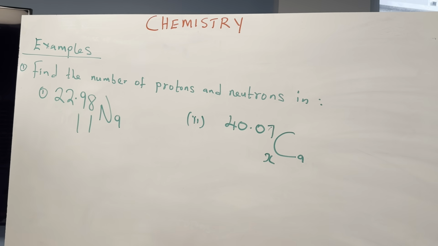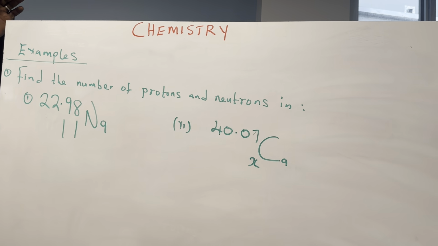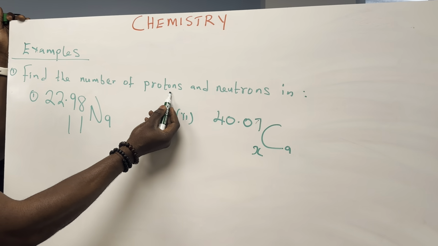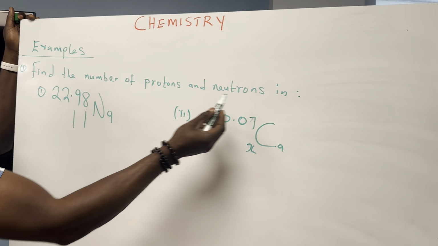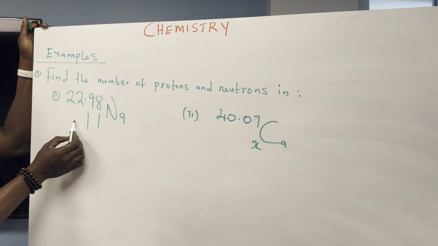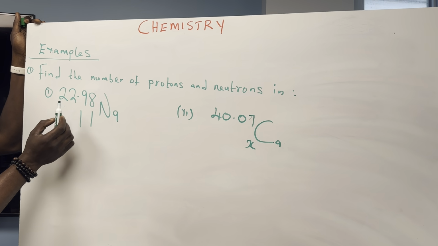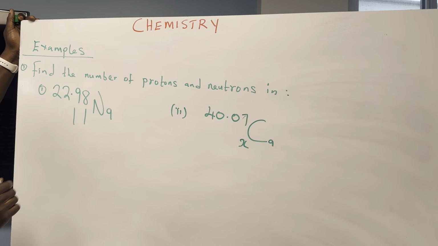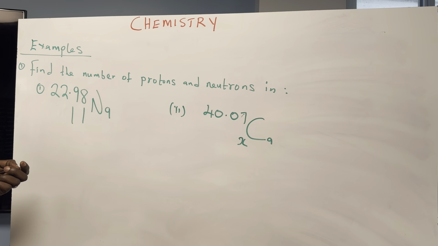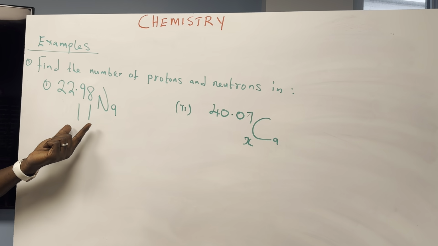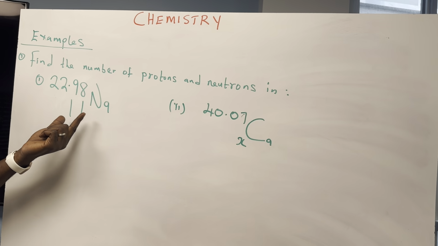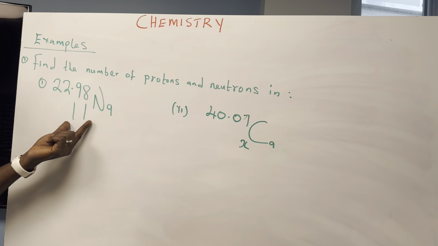Now we're going to solve some examples based on what we've just learned. Look at this example: find the number of protons and neutrons in this particular element. Let's identify the number of protons here. As we said earlier, the number of protons is the same as the atomic number of that element.